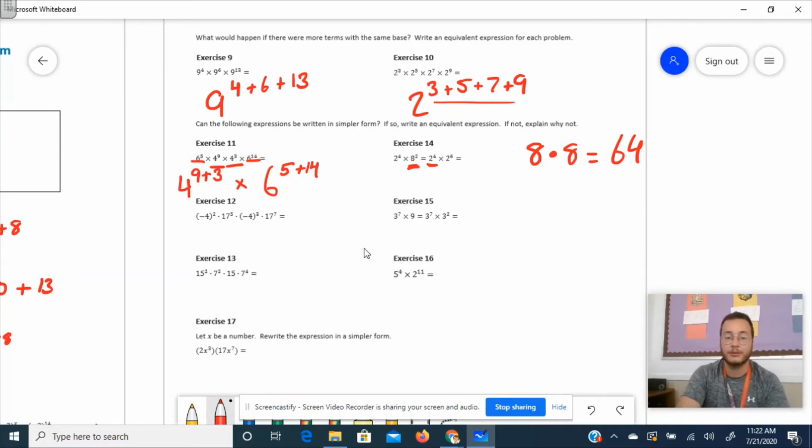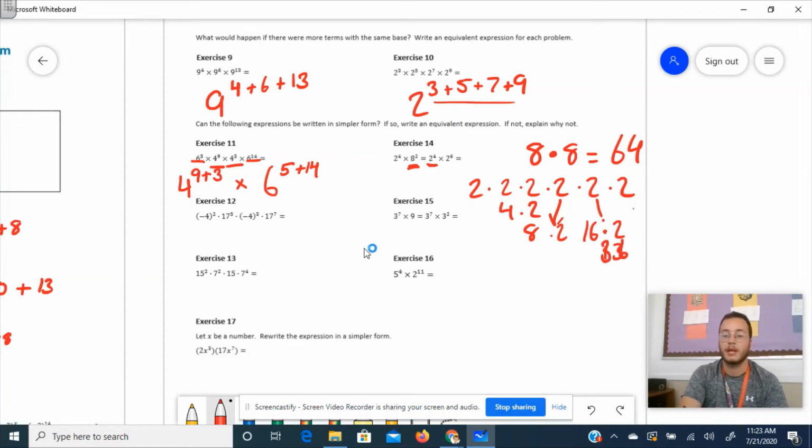Let's see if that's true. I have 2 to the 6, which is 2 times 2 times 2 times 2 times 2 times 2. 2 times 2 is 4, times 2 is 8. Bring down that other 2, times 2 is 16. Times 2 will get me 32. Oh, sorry, 32. And then times that last 2 gives me 64.